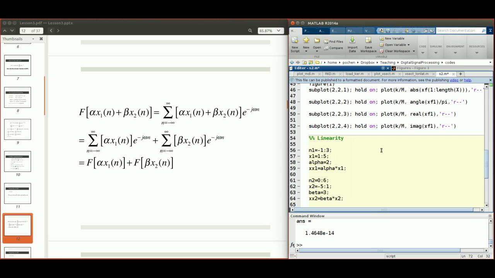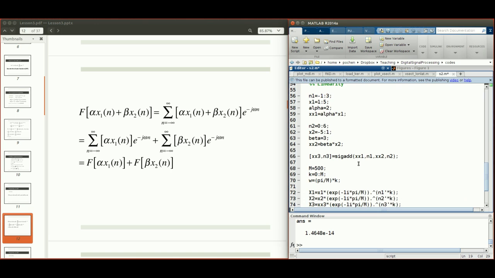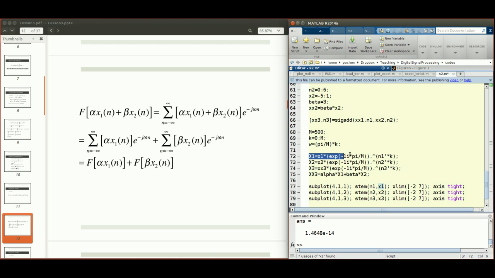It's basically the same equation, the same code that I used for computing this line, right? It's still the same. It's just I'm replacing x with x1 and n with n1 basically. So here I'm actually computing the Fourier transform of x1, right? Here it's n1 and then x1, and then I do the same thing for x2. Here I'm doing the Fourier transform for x2.